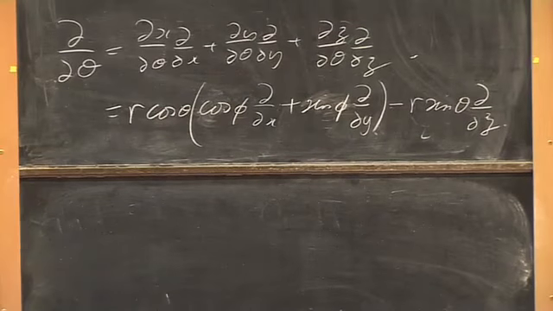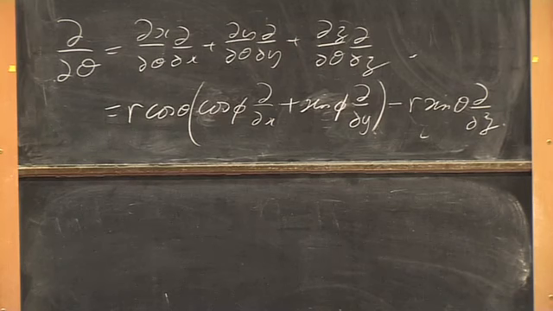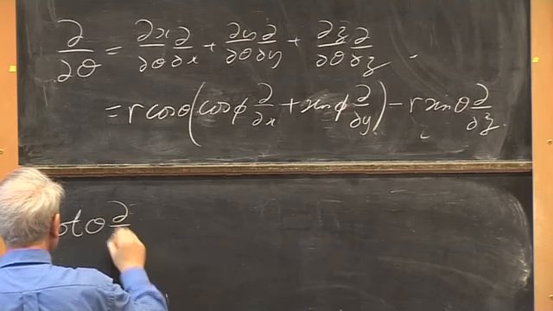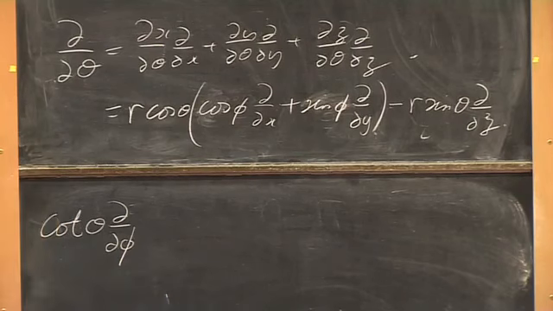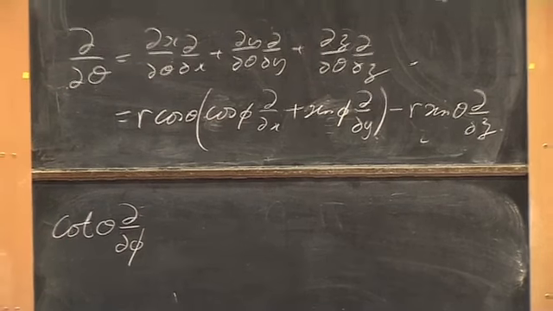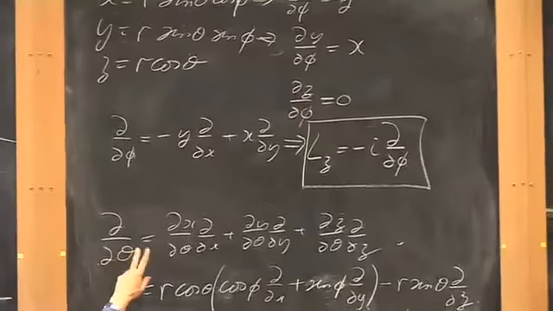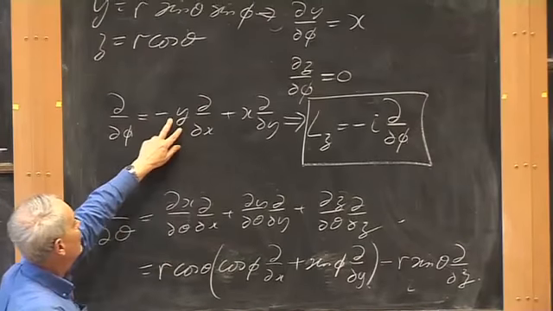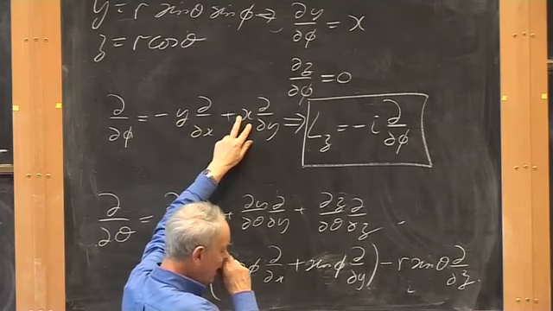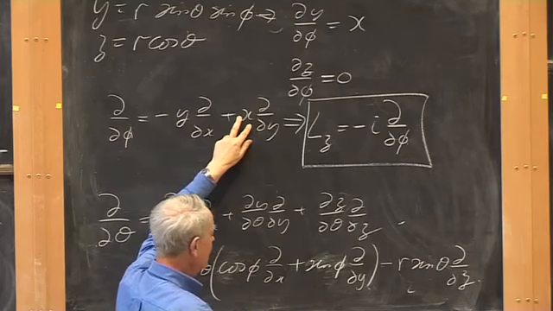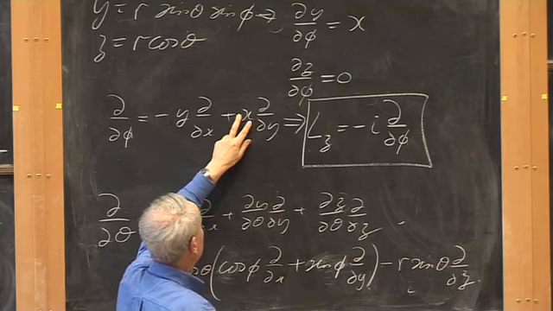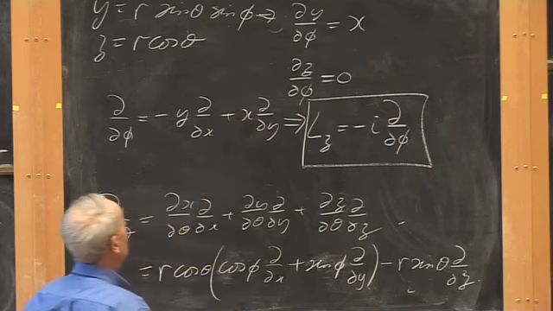Now let's take our expression for d by d phi and multiply it by cot theta. So we're going to write down cot theta d by d phi, just for the fun of it. Let's take this one first. It's going to be r sine theta cos phi, which is x. When we multiply by cot, which is cos over sine, the sine is going to go into a cos.